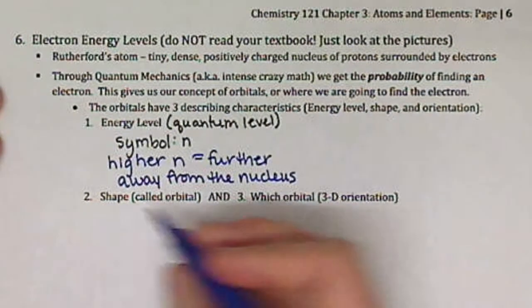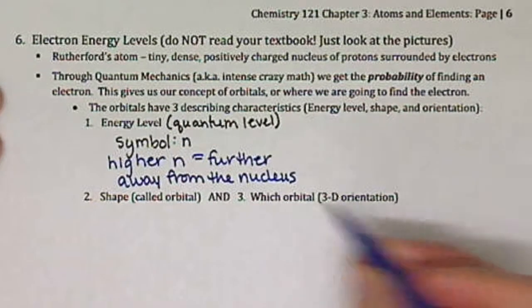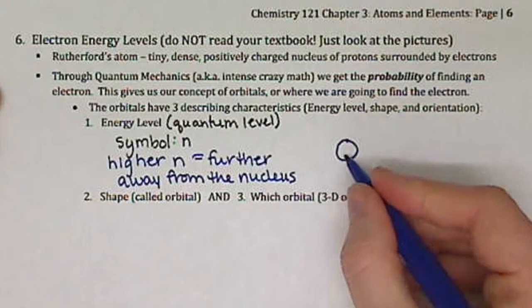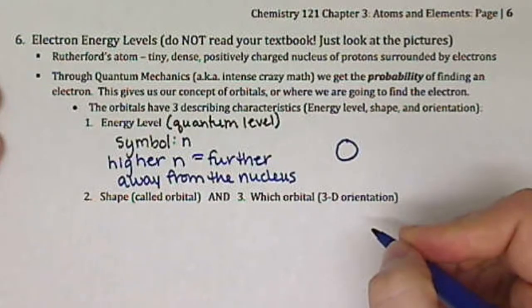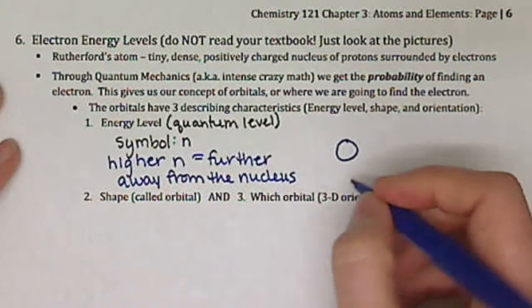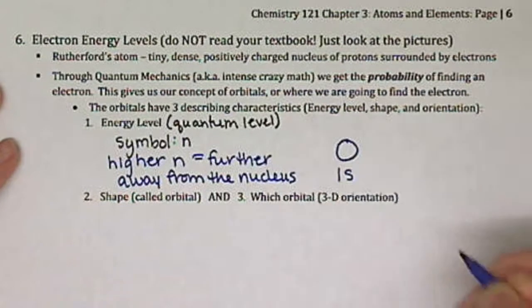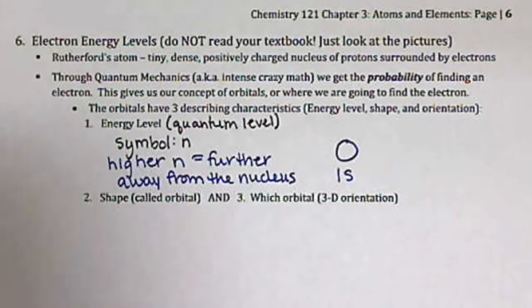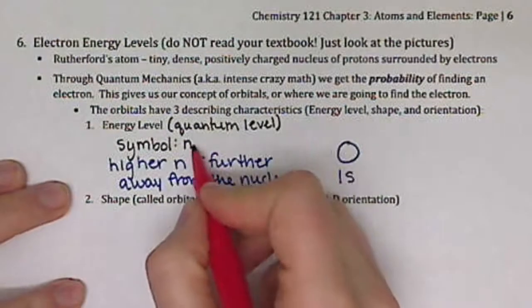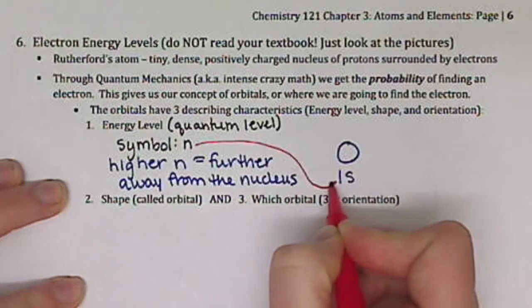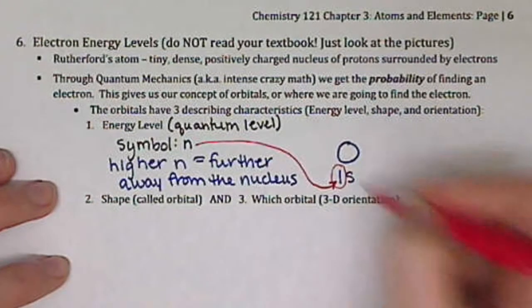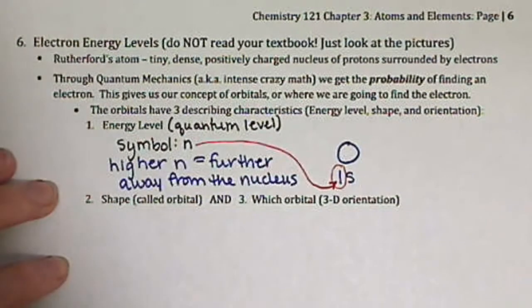An example of this: we're going to talk about shapes in 3 dimensions, but the first shape that we'll talk about is an s orbital, and it's spherical in shape. If this was the 1s level, the n value is that number out in front.